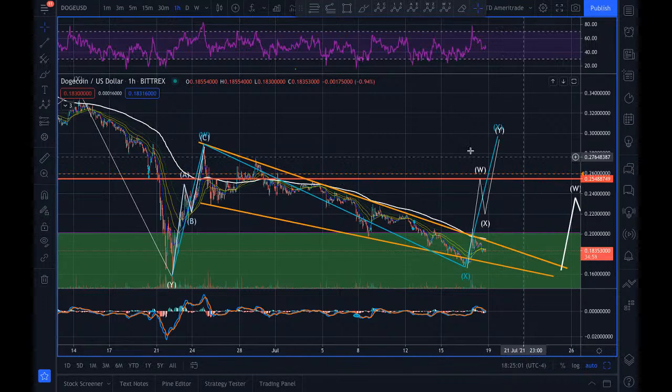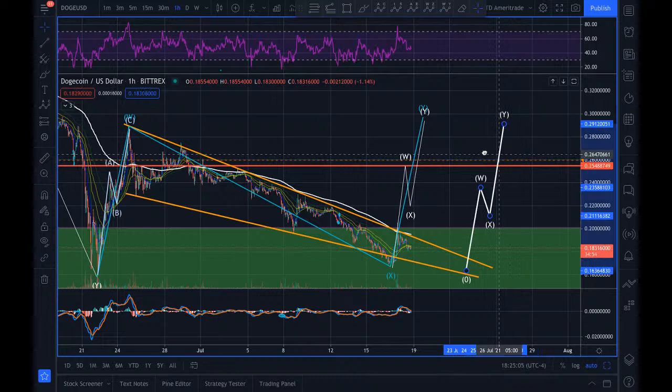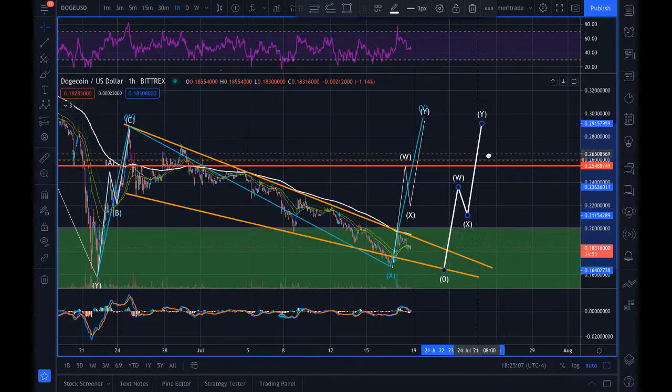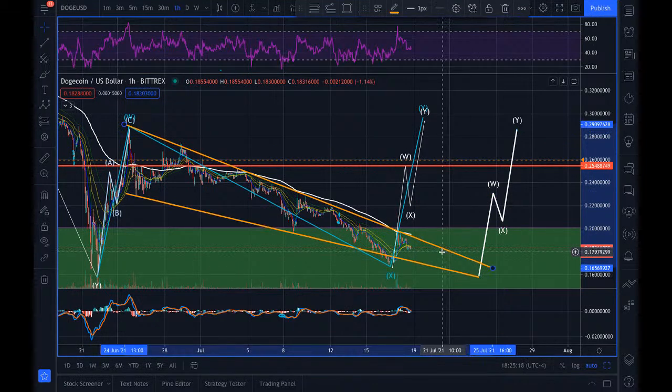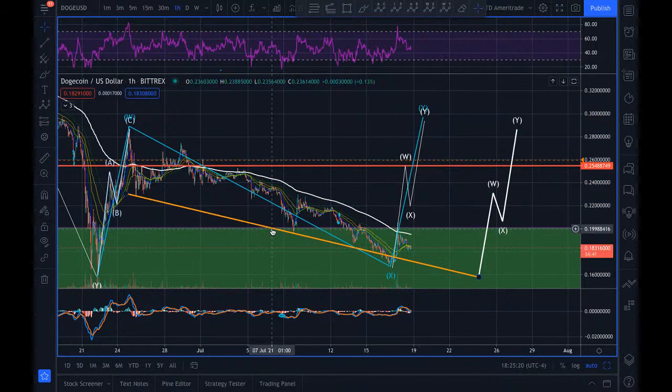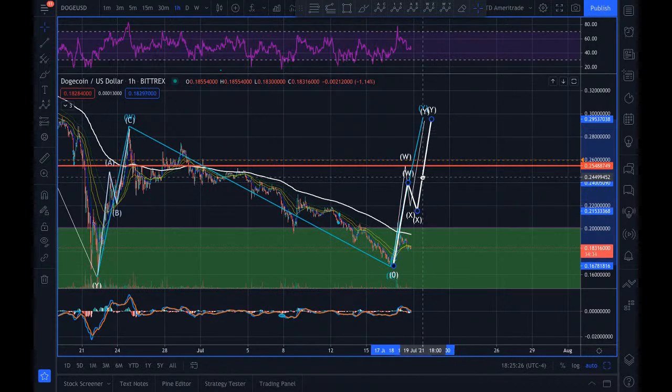But, oh, I had this drawn over here in case it does this triangle all the way down. I can delete this now. That's not as helpful anymore. Okay, so this was basically going to be this.